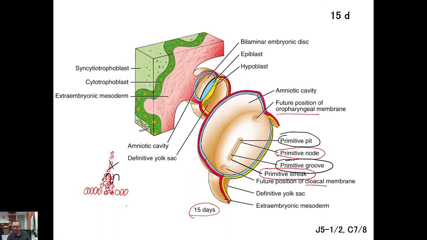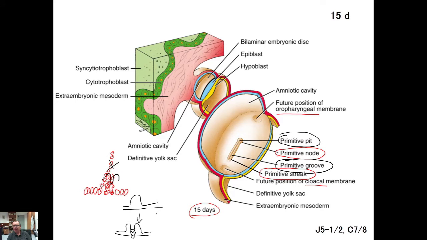So let's imagine that at the beginning it is just a thickening, and the second phase is the formation of a groove or pit. So something like this happens, and this groove or pit becomes deeper and deeper.